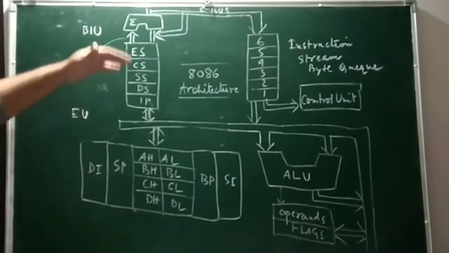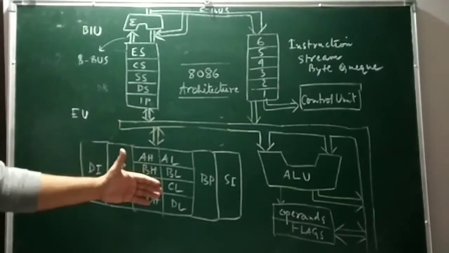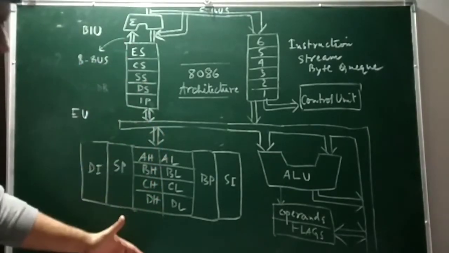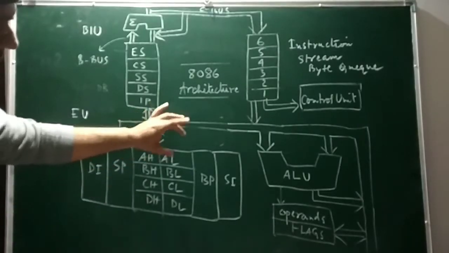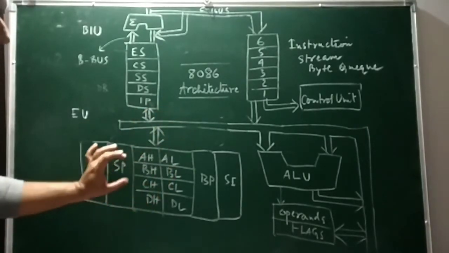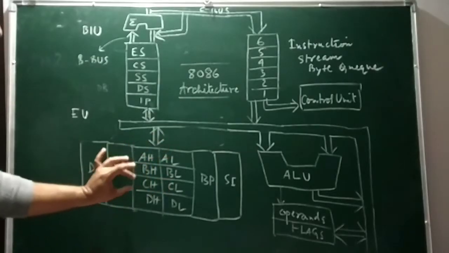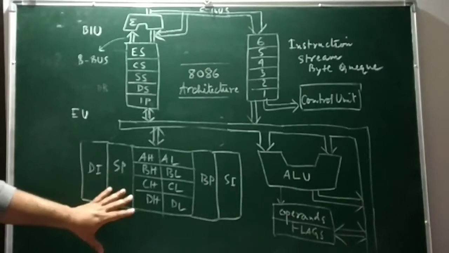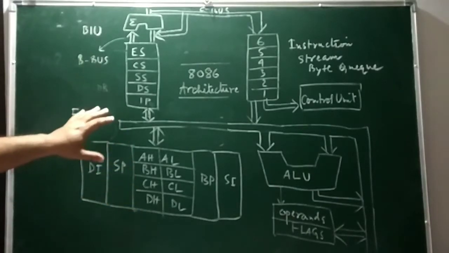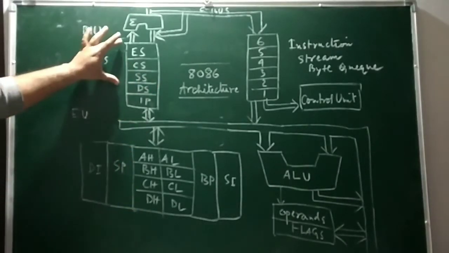So we have 4 pairs AX, BX, CX, DX, or we can use 8-bit: AH, AL, total 16-bit, BH, BL, total 16-bit, CH, CL, total 16-bit, DH and DL, total 16-bit. Fine.